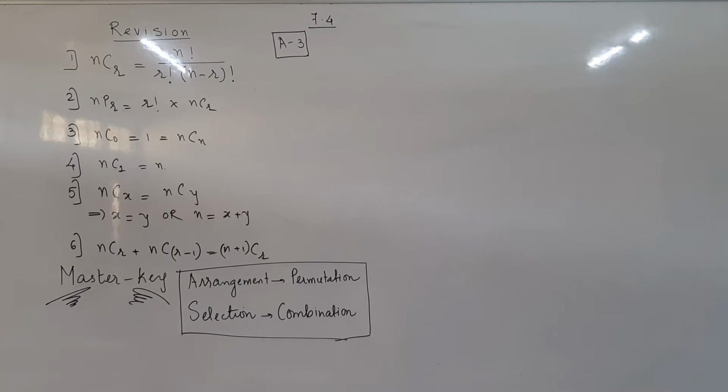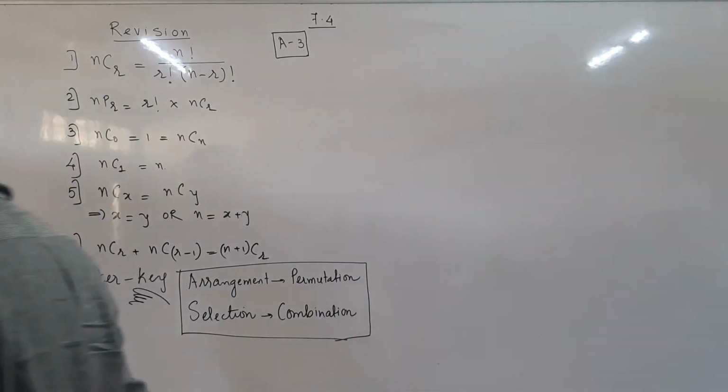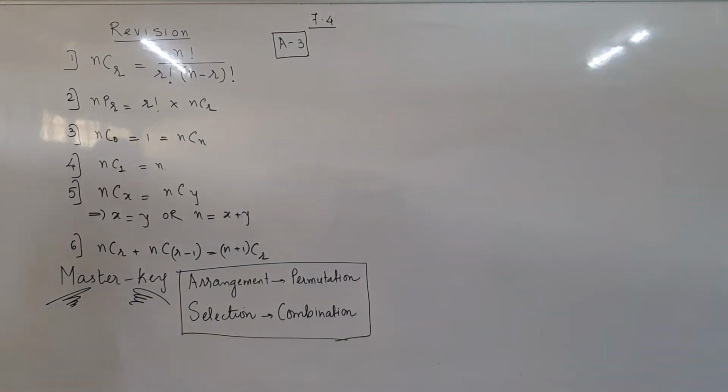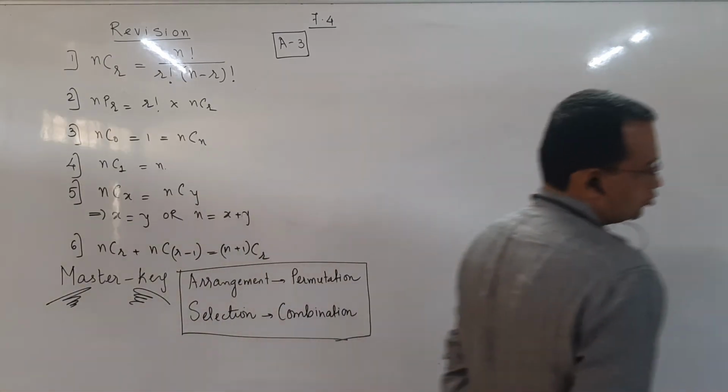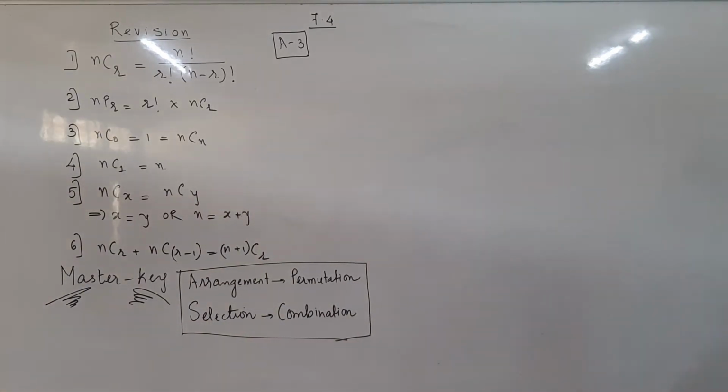Students, why am I telling master key? Because in examination you will never be told that this is the sum of permutation and this is the sum of combination. You have to yourself read the sum, understand, and correspondingly apply the concepts.